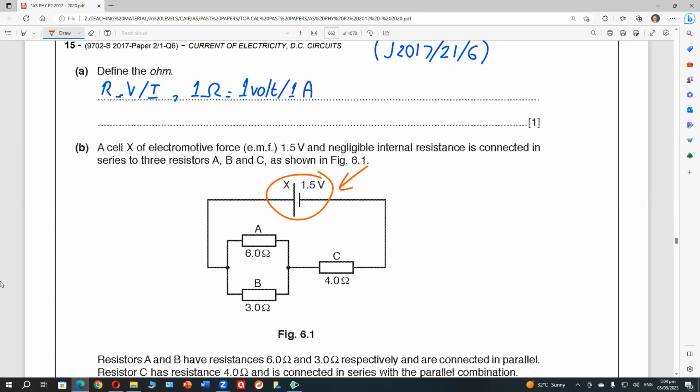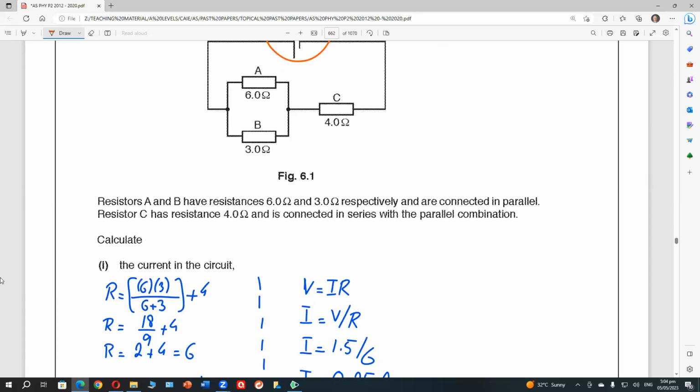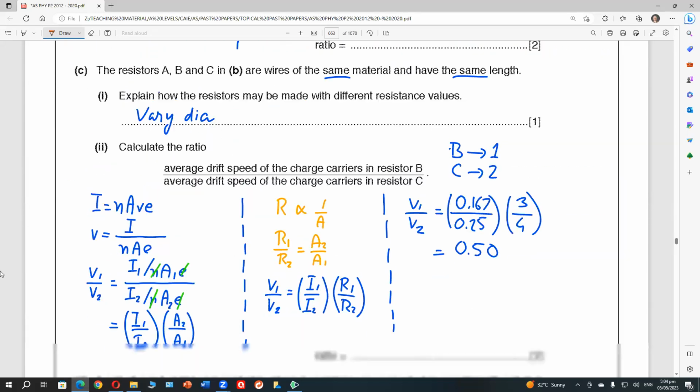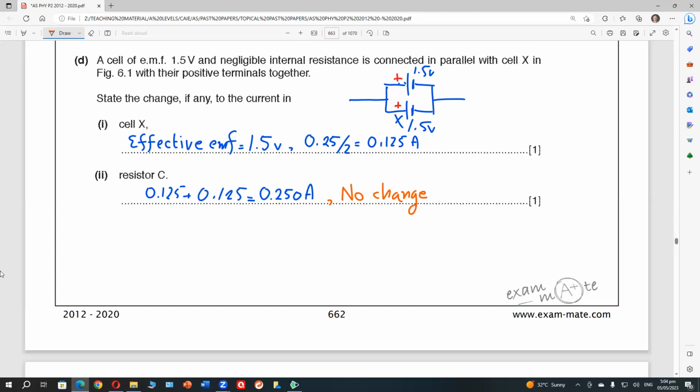But there is no change in the resistance of C. Now there are two cells in parallel, and each cell is producing 0.125. So together the total current will remain 0.250.